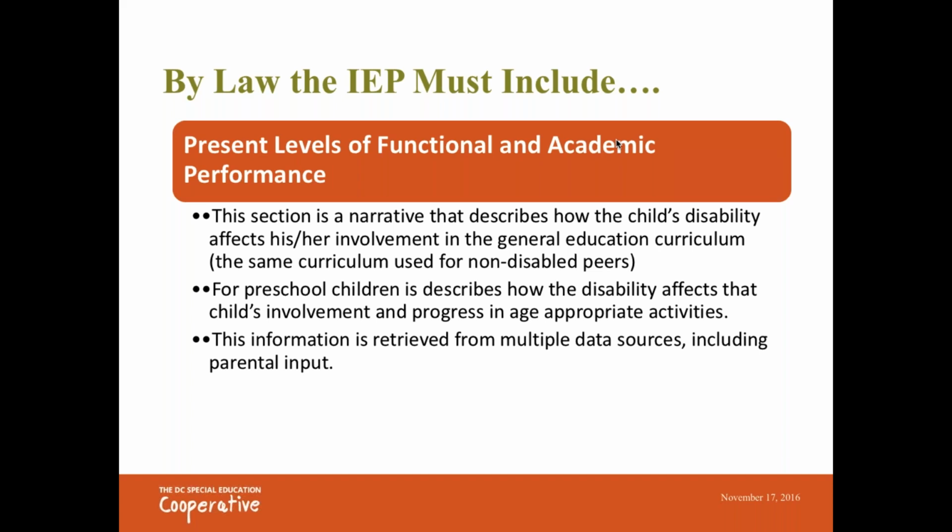So we state, after we've determined that the child does have a disability that affects their education, we need to explain how it is that the disability does that. What are the particular strengths and weaknesses that we see, and how do those weaknesses impact a child's access to their education? Also, it's important to remember that when we're speaking of the general education curriculum, we're talking about the same curriculum used for their non-disabled peers.